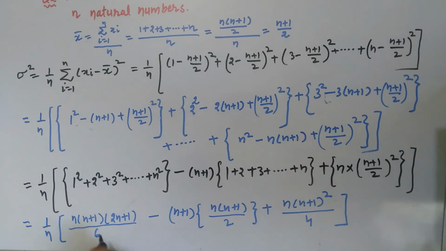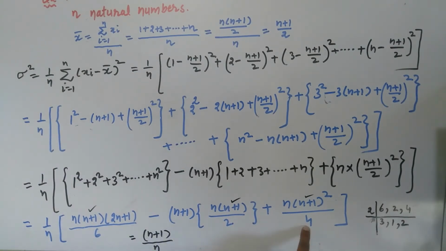Next, we take n plus 1 common in every term. So we write n plus 1 outside, and n is in the denominator. Moreover, we take the LCM of 6 and 4, which is 3 into 2, 6 into 2, 12. We write 12 outside.